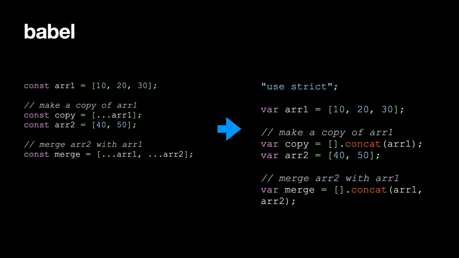This is an example of what that looks like for Babel, where over on the left-hand side we're using a fancy new spread operator that older browsers don't understand natively, so it needs to be compiled into something that they do understand. That type of transformation between one form of a program and a different version of it or a different language is sometimes called a transpiler, like a translating compiler.